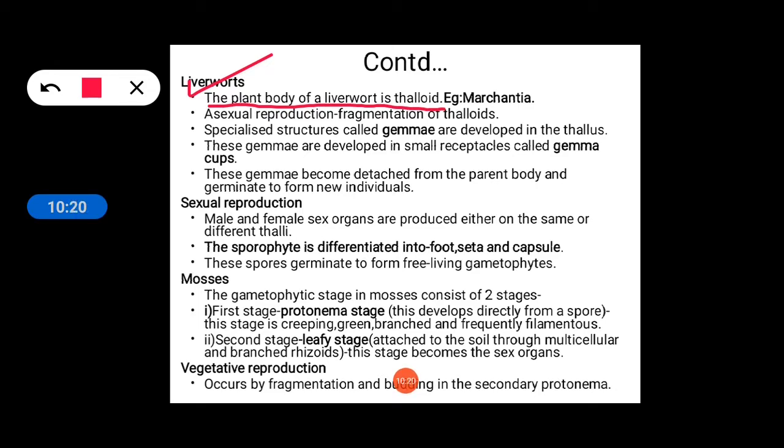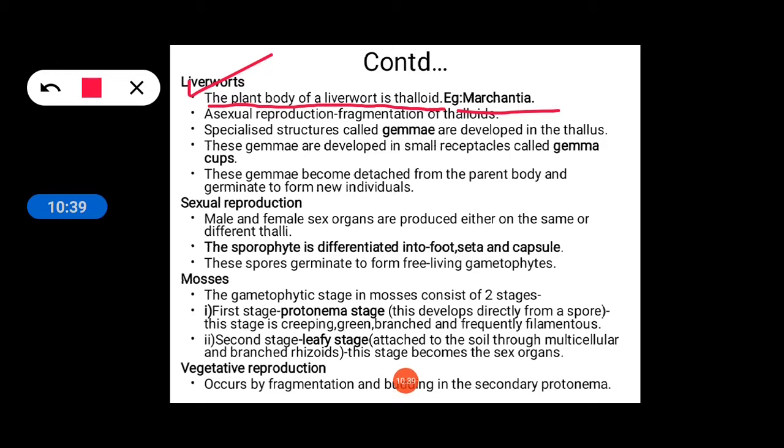An example of such a bryophyte is Marchantia. So liverworts are bryophytes whose body is thalloid, that means they do not possess actual roots, stem and leaves.